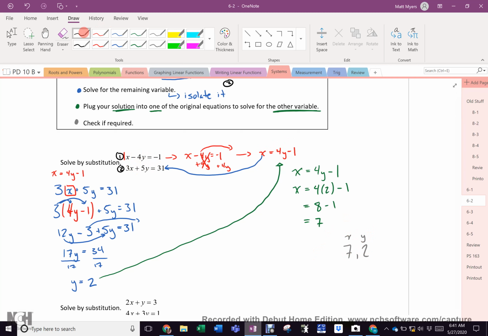And equation 2 is 3 times x, x is 7, plus 5 times y, y is 2, equals 31. What's 3 times 7? 21. Plus, what's 5 times 2? 10. 21 plus 10, 31 equals 31.